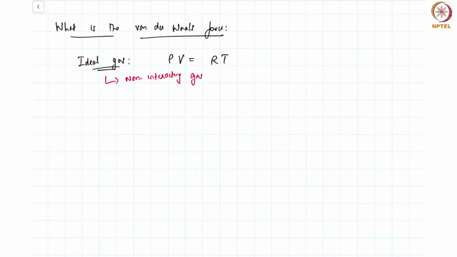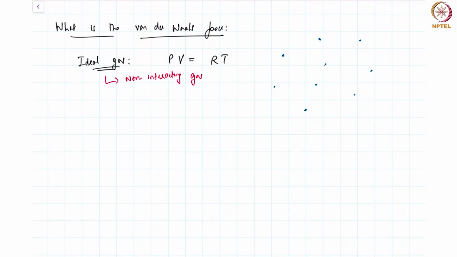So in other words, if you have point particles in an ideal gas, these could be gas molecules or atoms, these point particles do not interact if they are governed by the ideal gas equation.